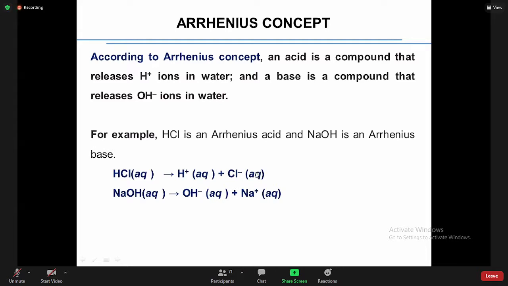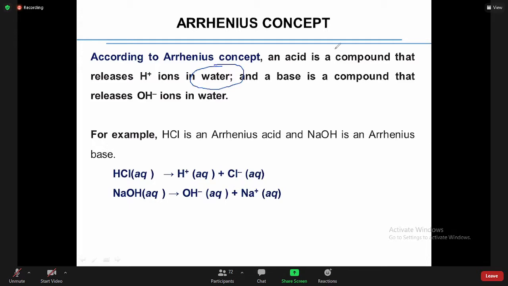You have to mention the aqueous solution. Whenever a compound donates a proton, that does not mean, according to Arrhenius, that it is an acid; rather, it should be in aqueous solution. The conditions are two. First, it has to donate the hydrogen ion, and second, it should be in the aqueous solution, isn't it?